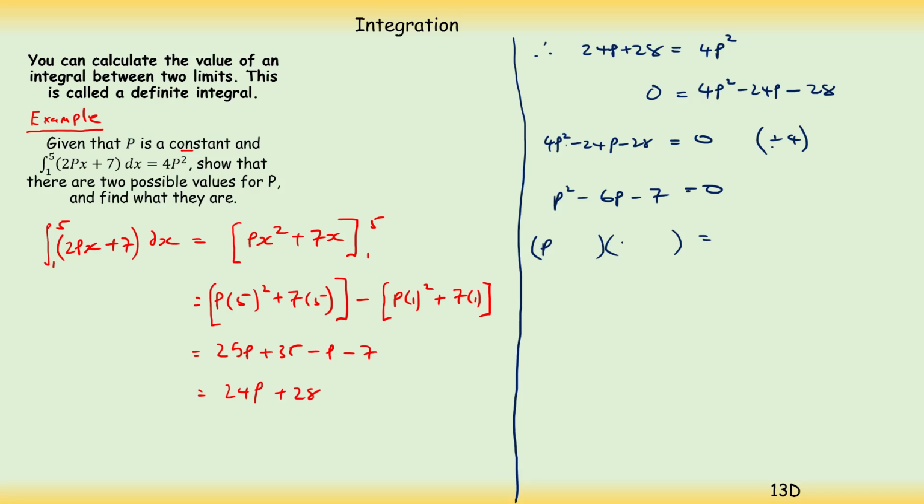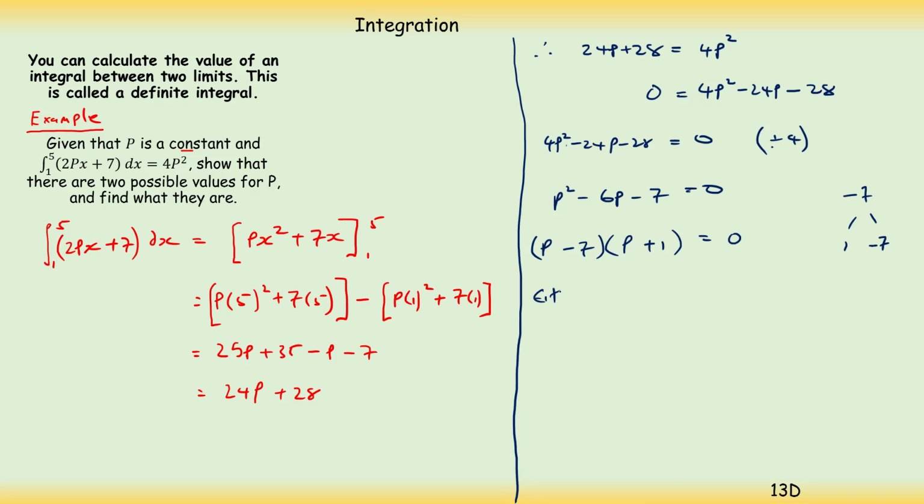So I've got p and p, and minus 7. It's only got two factors, 1 and 7. One of the factors has got to be negative. It's going to be that one in this case, because it's minus 6p. So p minus 7 and p plus 1 equals 0.